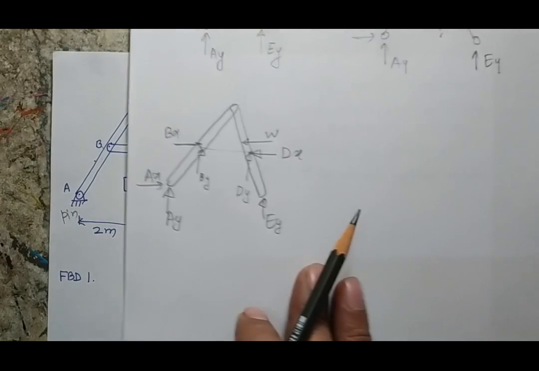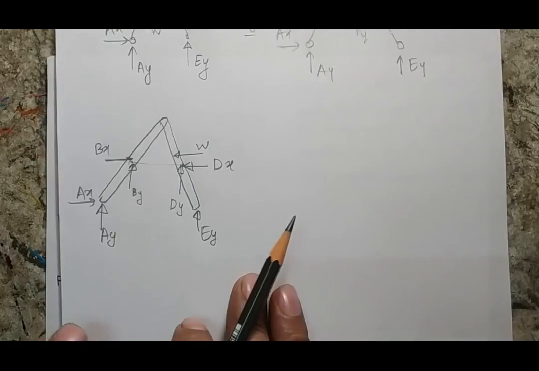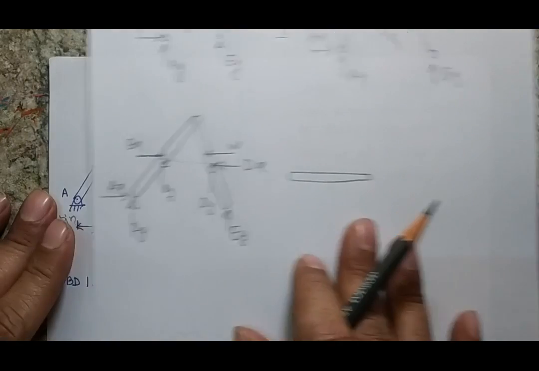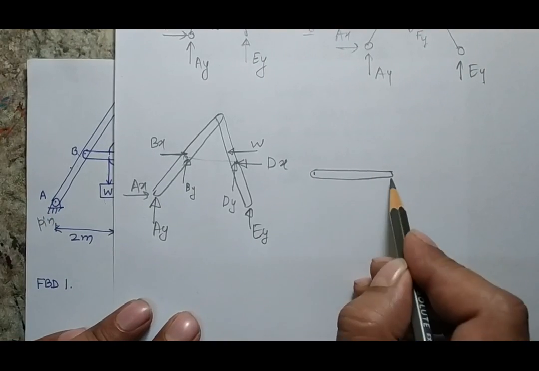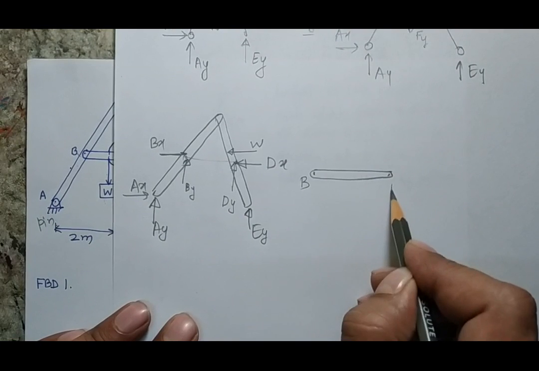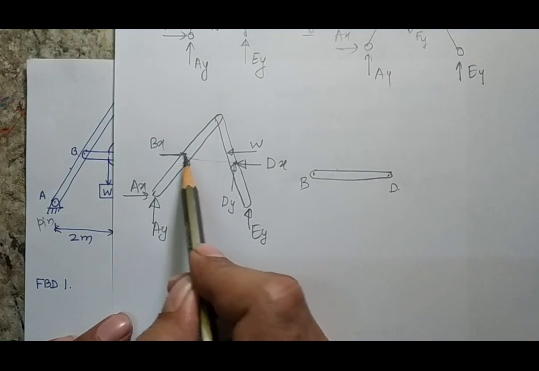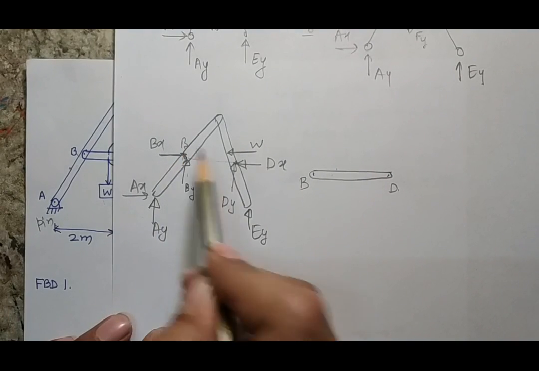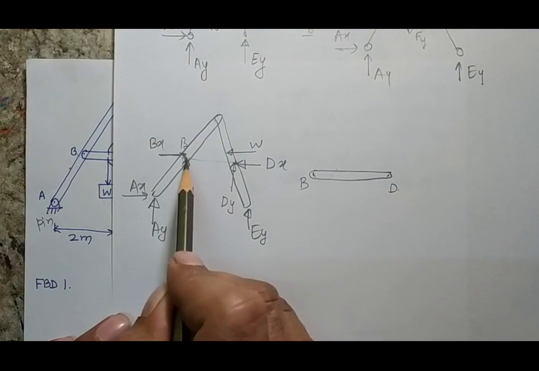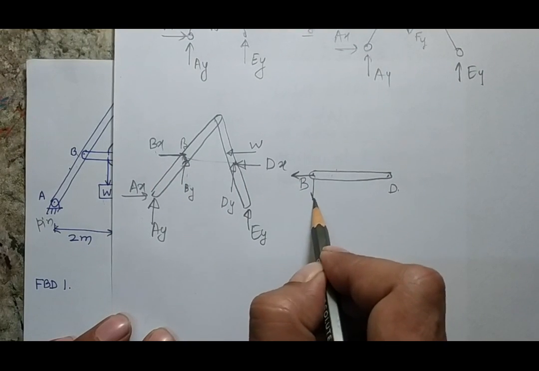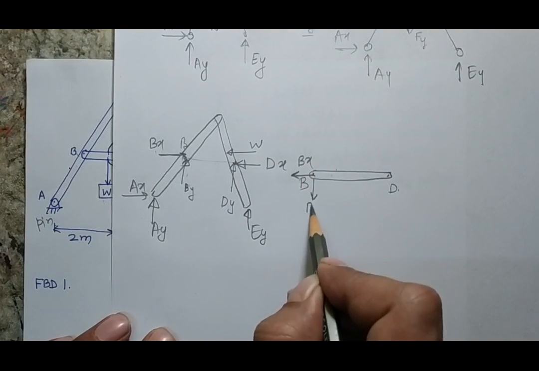Now the next free body diagram would be the bar BD only. If I am making the free body diagram of bar BD alone, this is my point B and this is my point D. I have already assumed the direction of reaction at this point, here also B point, this is the counter point which is on the other bar. So I have to take the reaction opposite to what I have considered there. So this will be my BX and BY.